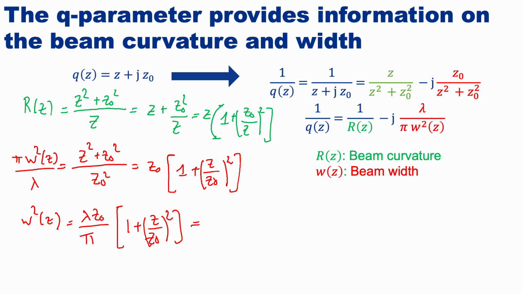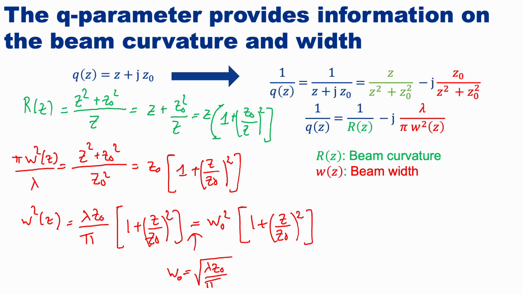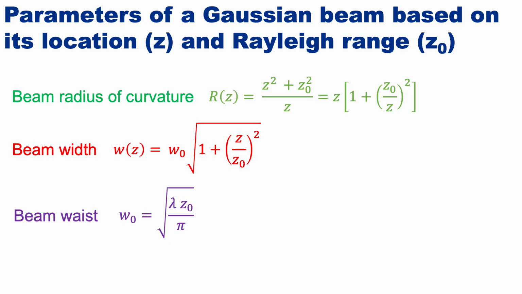And here, I'm introducing this a little early, but if we introduce the beam waist as an expression of the Rayleigh range, this is going to be the square of your beam waist times 1 plus C over C sub 0 squared. So this is how we can define the beam curvature and the beam width. And here we have both equations, where I just introduced the value of the beam waist.